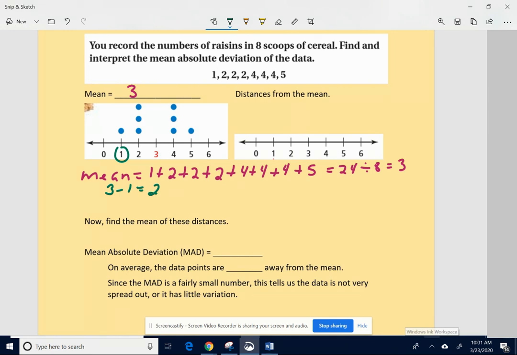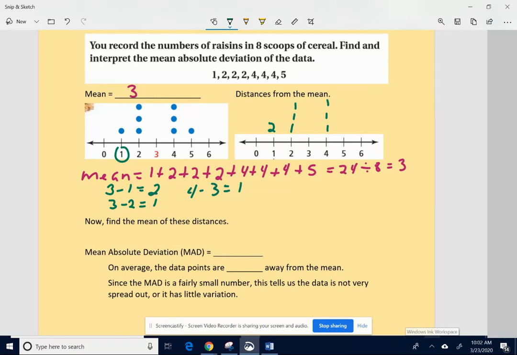So that 1 is 2 spaces away from 3. I'm going to keep track of my distances on this number line. These 2's, all of them, are 1 away from 3, because 3 minus 2 is 1. And these 4's are all 1 away from 3.